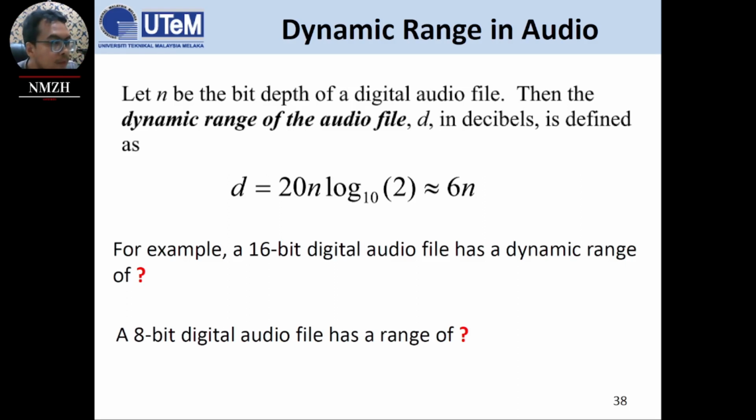So d is equal to 20 n log 2. So this is assumed to be nearer to 6n. So for example, a 16-bit digital audio file has a dynamic range of 6n, meaning 16 times 6. And 8 bits means 6 times 8. Right? So that would be the dynamic range of audio.